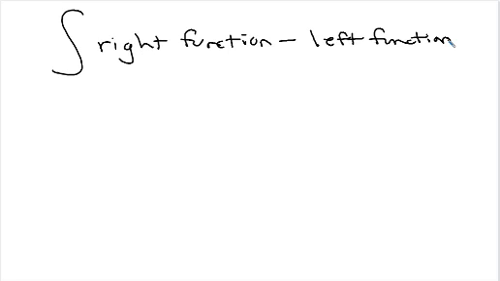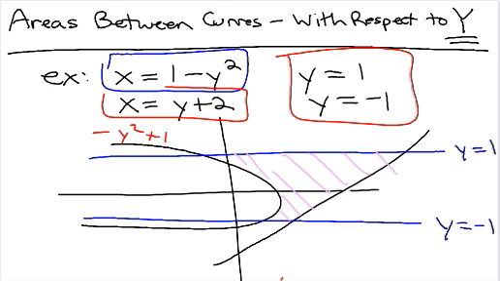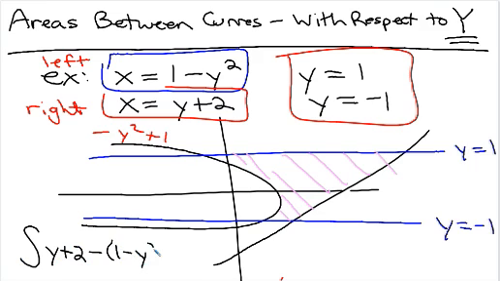If we were going to set up the integral for this problem, this one is the right, and this one is the left. So I would just do the integral of y plus 2 minus the left function, put it in parentheses to be safe, dy.